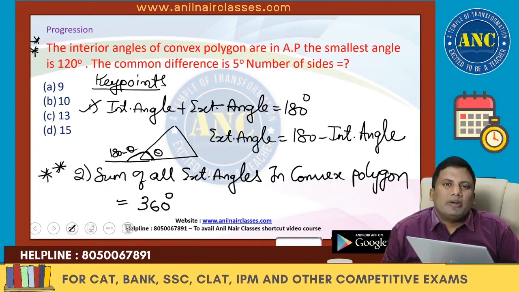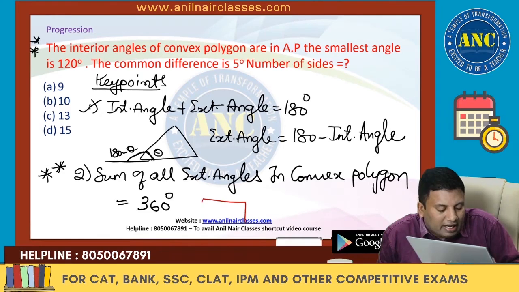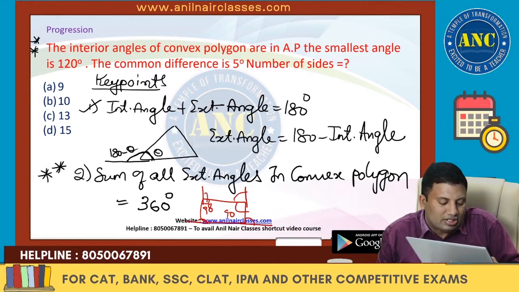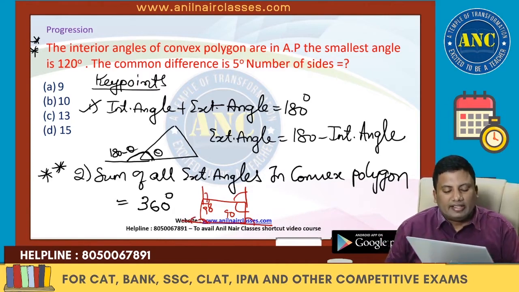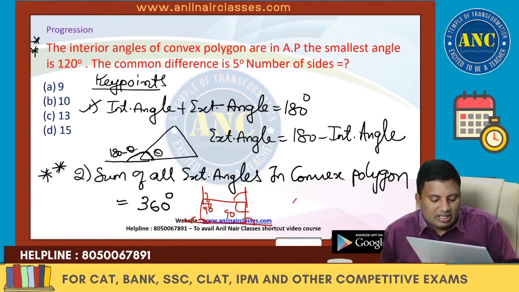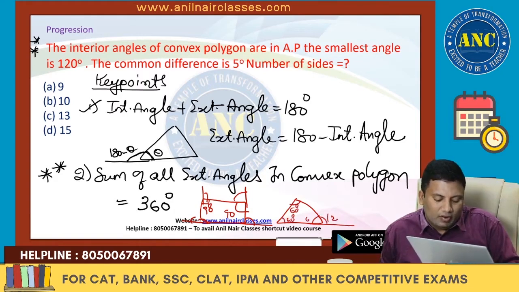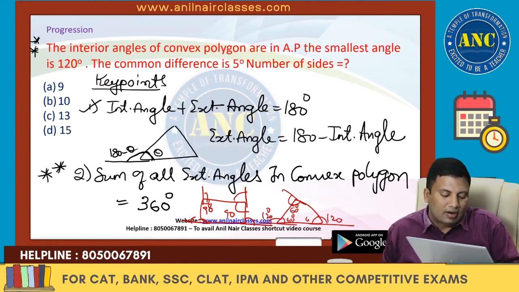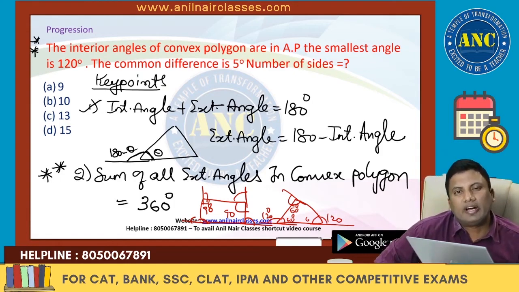In the geometry polygon class, I will prove it, but right now I will prove it by diagrams. If I take a square, 90, 90, 90, 90, the exterior angles again sum to 360. If I take an equilateral triangle, 60, 60, 60, the exterior angles are 120, 120, 120.